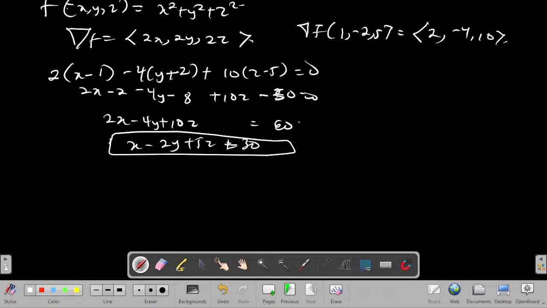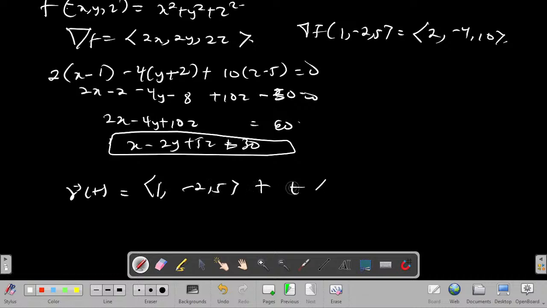Now the next thing is to find a normal line. So the equation for the normal line is what? The vector r(t) is equal to, as I said, we have our known point r naught plus t multiplying our gradient vector. What's our known point? Our known point is simply what? 1, -2, 5, right?